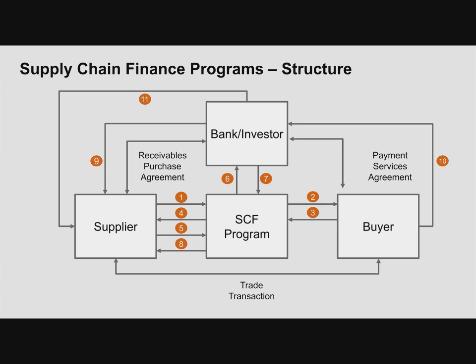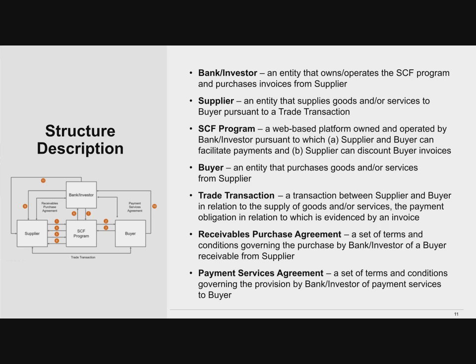So here's a diagram which portrays how a typical program operates. Now, looking at the parties involved, the bank investor is probably the most important part of this entire program from the point of view of operating the program and also providing the capital to purchase invoices from the supplier.